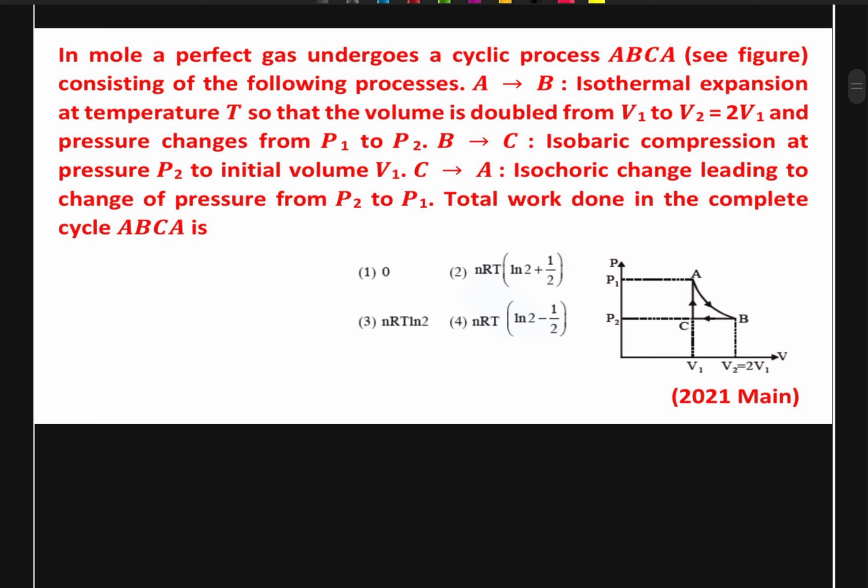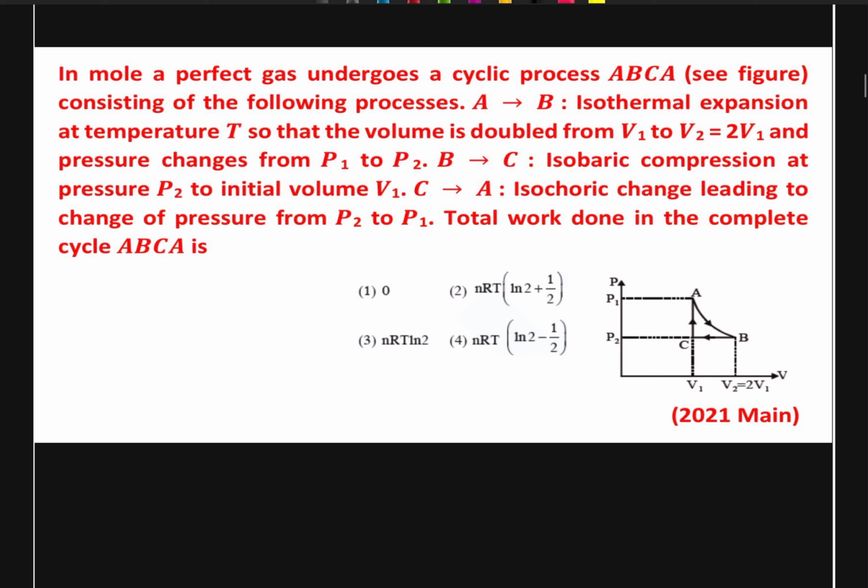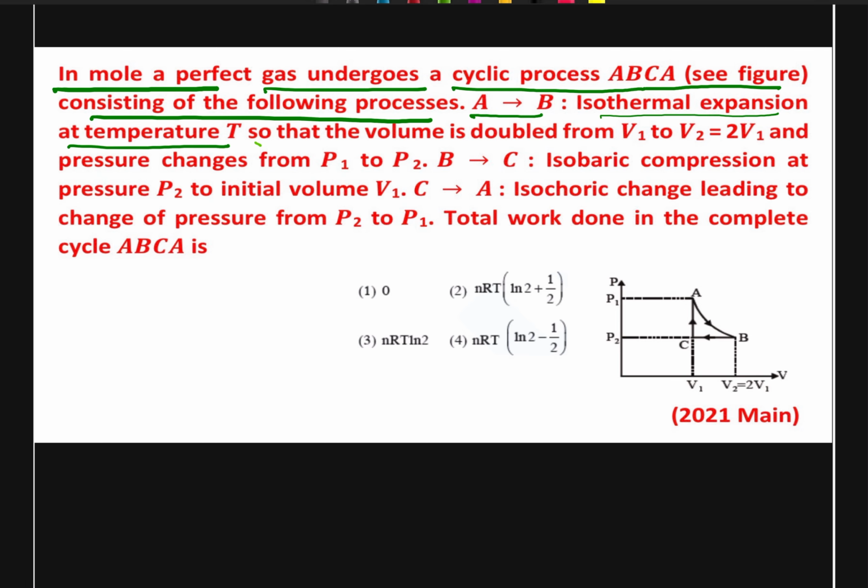It states that in a mole of a perfect gas, it should be n mole, okay, we'll say that later on, undergoes a cyclic process ABCA, see figure, consisting of the following processes. A to B is isothermal expansion at temperature T, so that the volume is doubled from V1 to V2, which is equal to twice of V1, and pressure changes from P1 to P2.